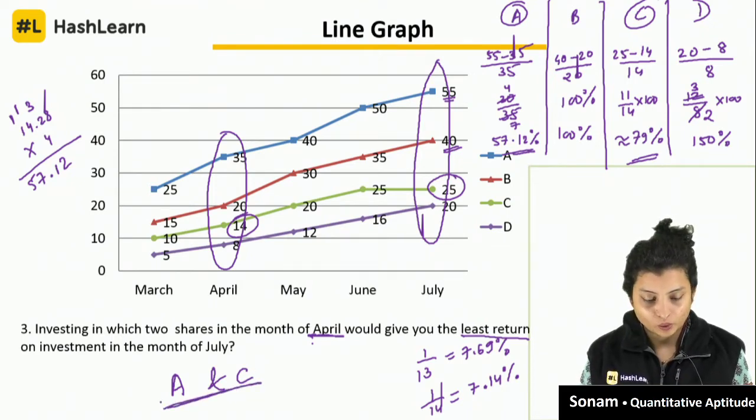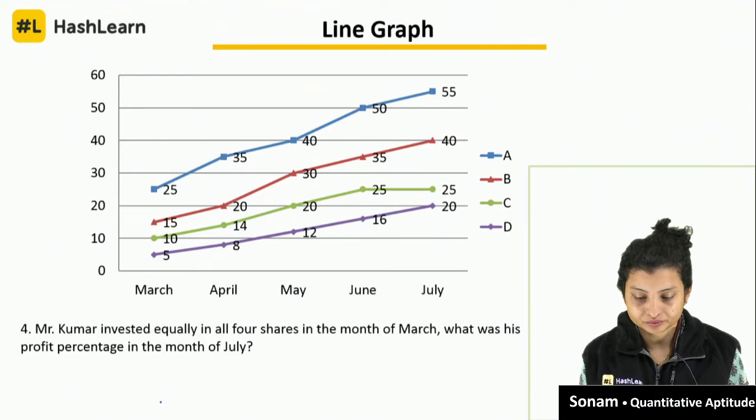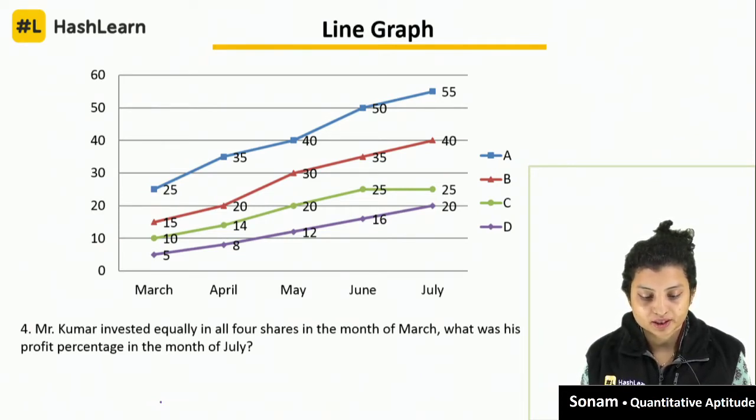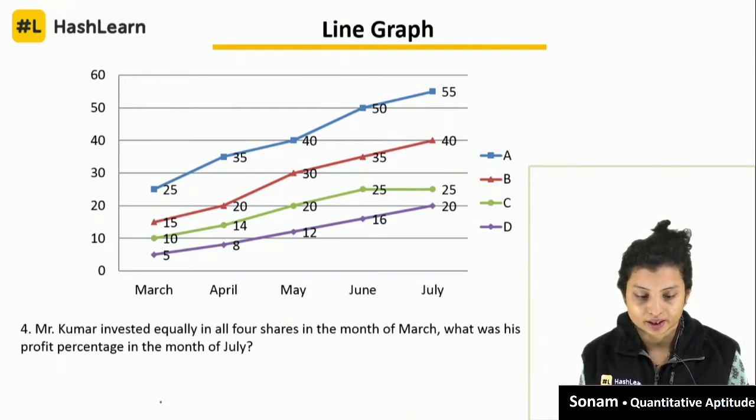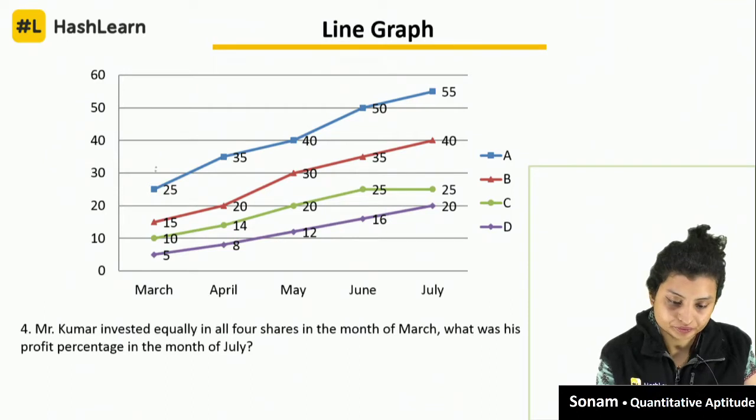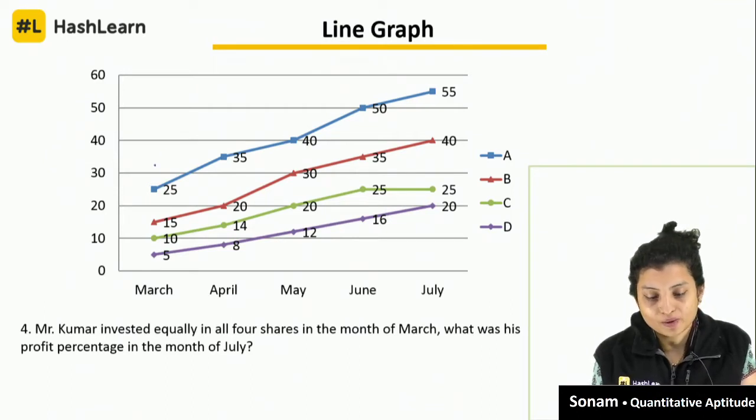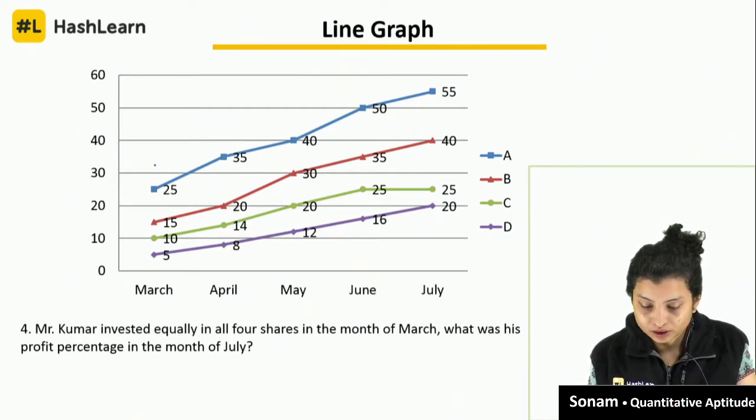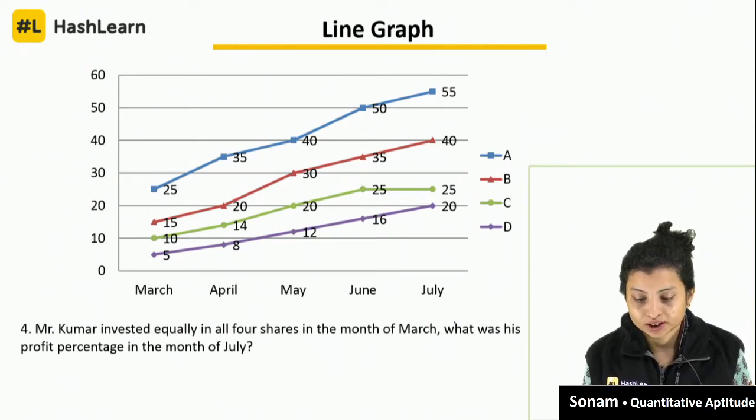Okay, question number 4. Mr. Kumar invested equally in all 4 shares in the month of March. What was his profit percentage in the month of July? So he is investing equally among them. Okay, so let's say he invested equally in 4 shares in the month of March.